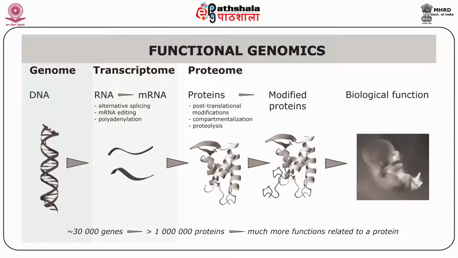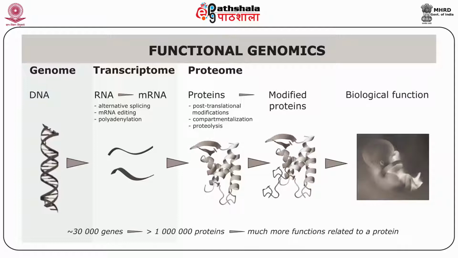The proteins are generated by translation of the messenger RNA sequences in the ribosome, and at this stage protein post-translational modification occurs, compartmentalization occurs, proteolysis occurs, then modifications occur, and finally this protein leads to function. So this is the central dogma of biology: the genome gives rise through the transcriptome to the proteome, and finally the function of any gene.